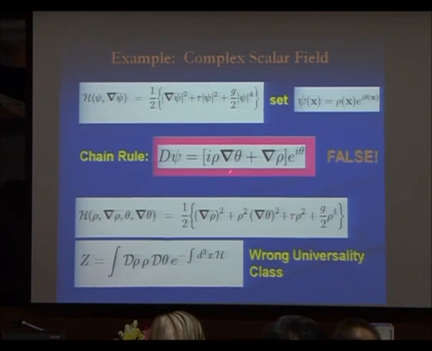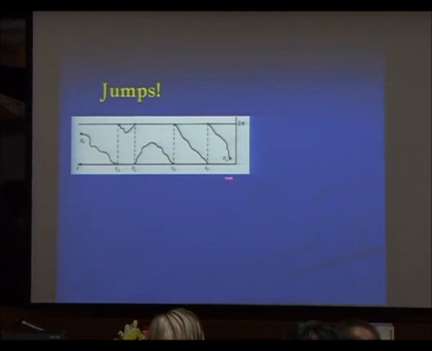And the reason is that applying the Leibniz rule to this field is wrong. When you differentiate this psi field and apply the Leibniz rule, you get rho gradient of theta, and gradient of rho. This is false. Why? Because theta and theta plus 2 pi are the same fields. And that's why there can be jumps in the theta field, which are no jumps in the field.